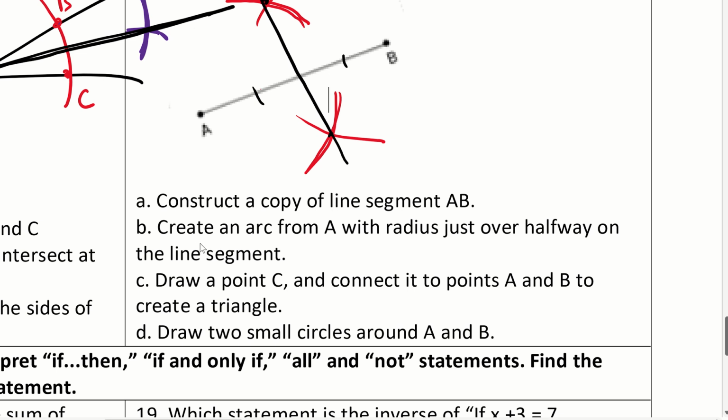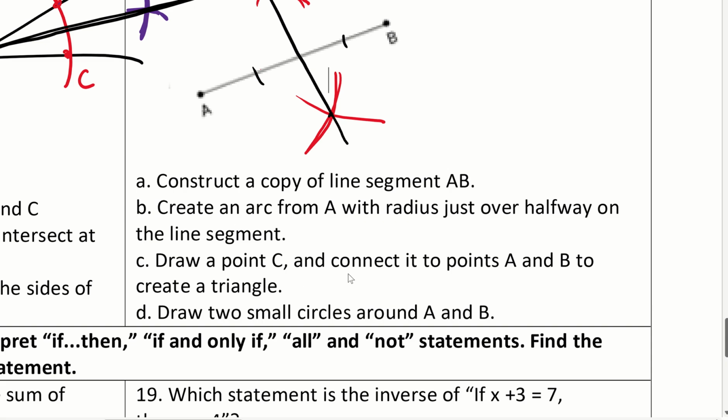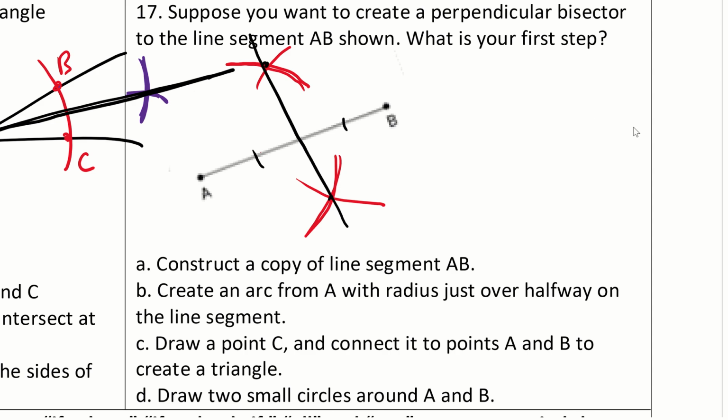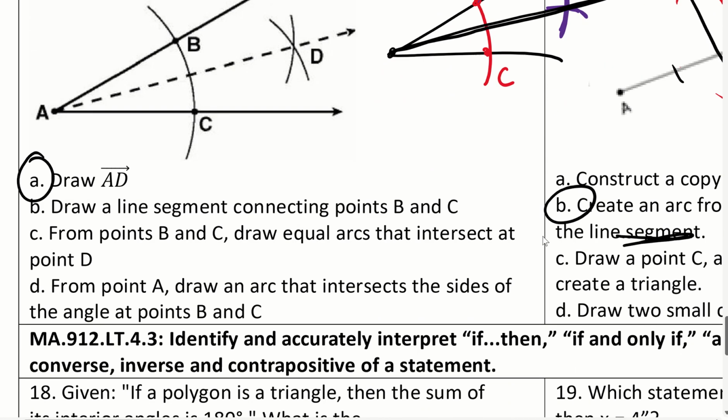All right, create an arc from A with a radius just over half of the line segment. So the answer has to be B based on what we were saying. Okay. All right, so that's number 17.